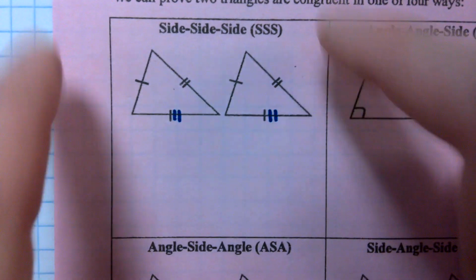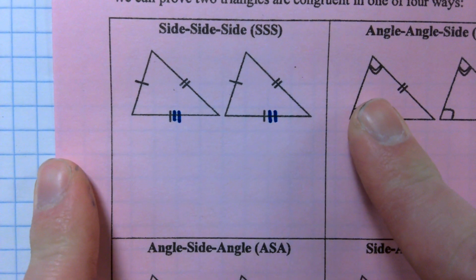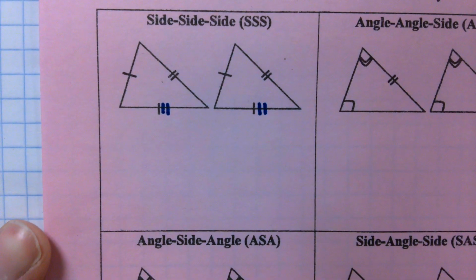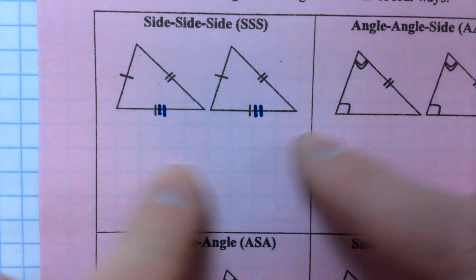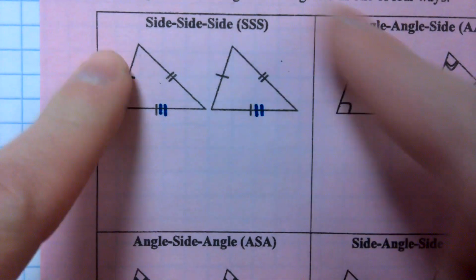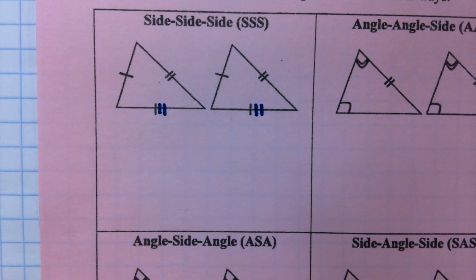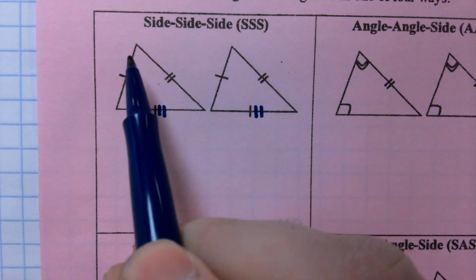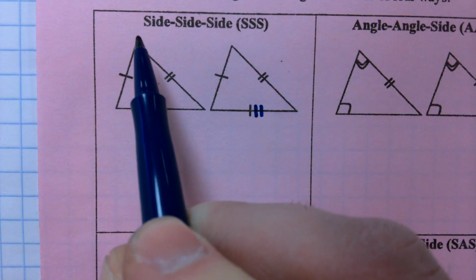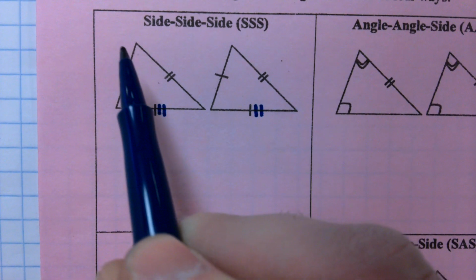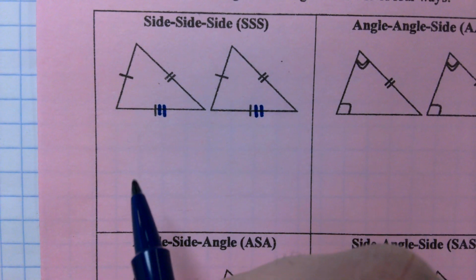Do I even need to know what the angle measures are? No. Why don't I need to know? Because if all 3 sides are congruent, then all 3 angles have to be congruent. Imagine, for example, this side length here was extended by just a tiny little bit. What would that do to this top angle? Make it bigger, right?